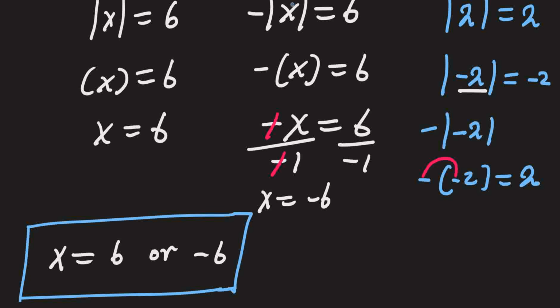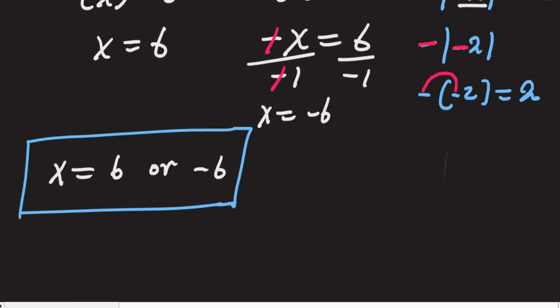So the absolute value is always positive, and that is why we use both the negative and the positive. So when the value within the absolute value symbol is a negative value, you place a negative sign outside. As you can see, negative, it will strike this negative from here, and then you have positive.